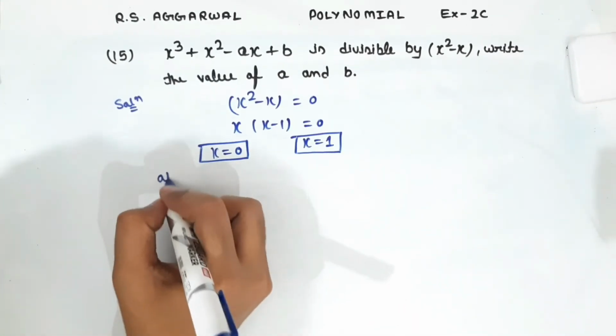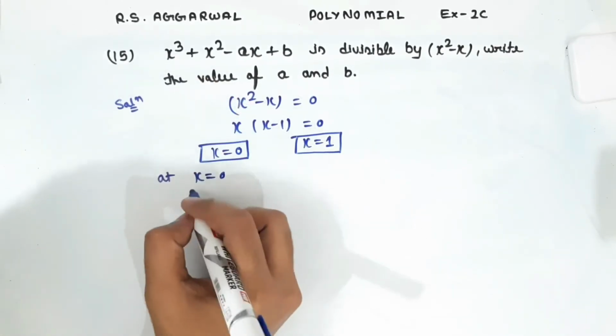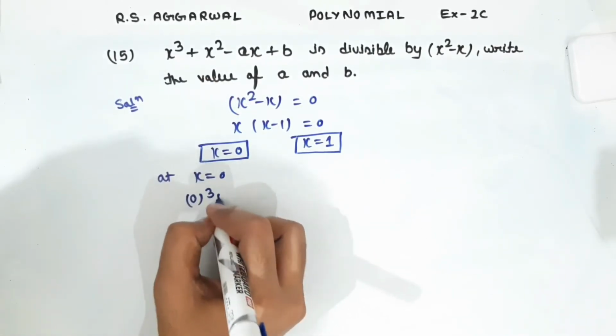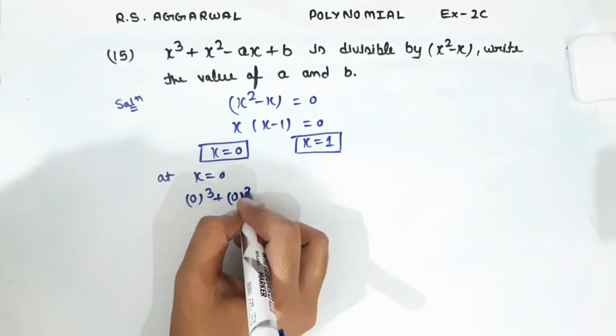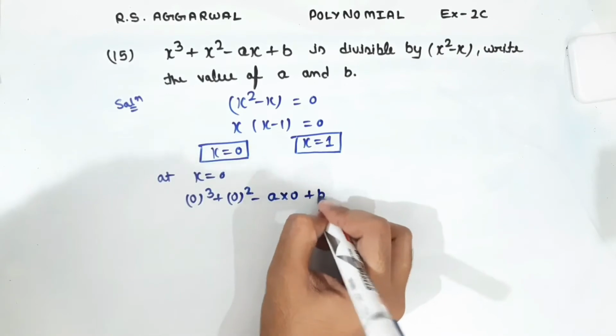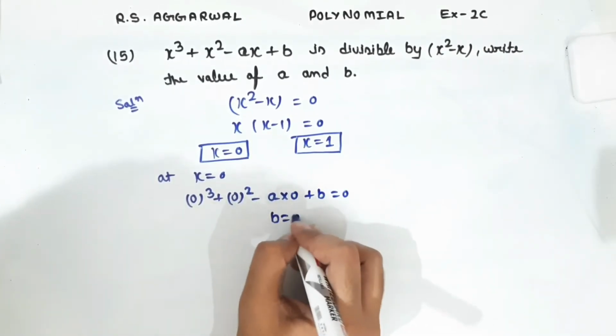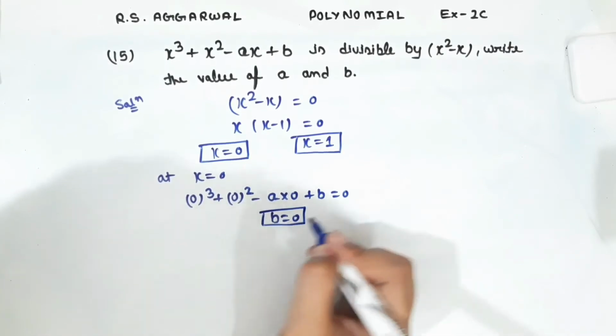So at x equals 0, this polynomial will be 0 cube plus 0 square minus a into 0 plus b equals 0. So from here b will be equal to 0. This is the value of b.